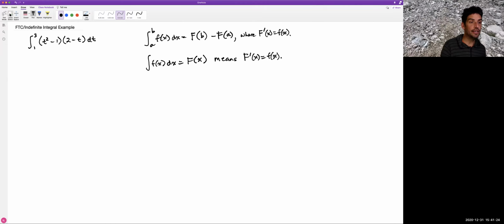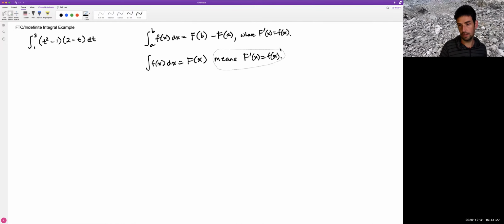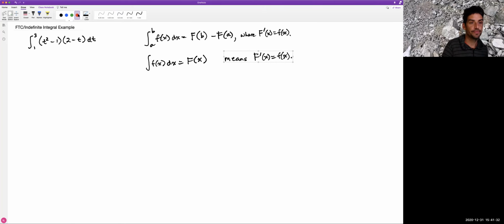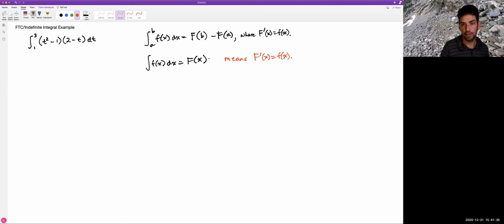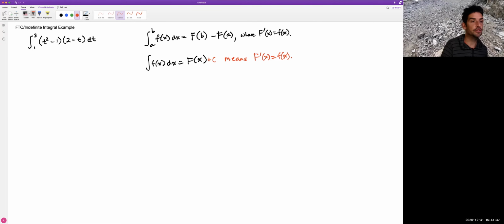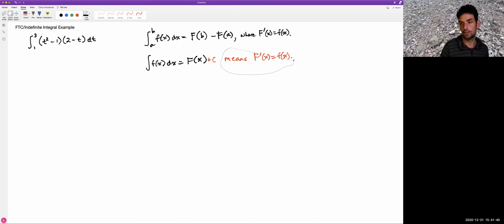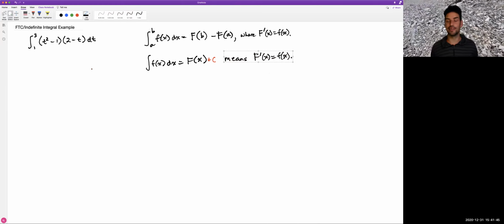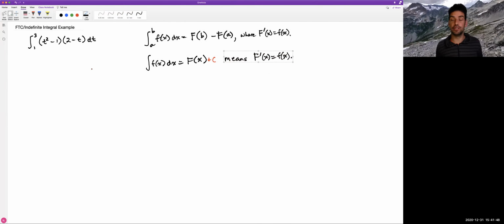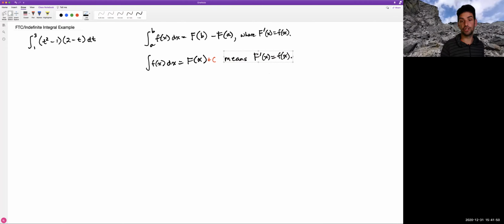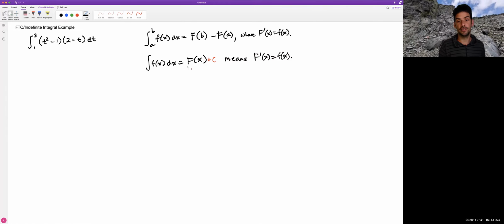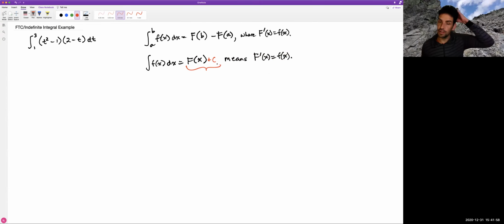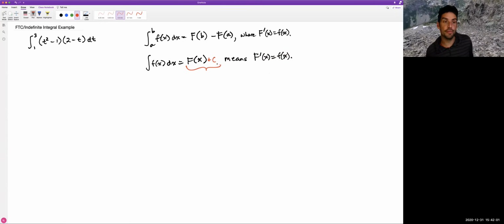And then let's throw in here our plus c. We add this little extra because when you take the derivative of the whole function capital F of x plus c, you still get the antiderivative, because in the derivative that constant goes away. Okay, so here are our two big ideas.